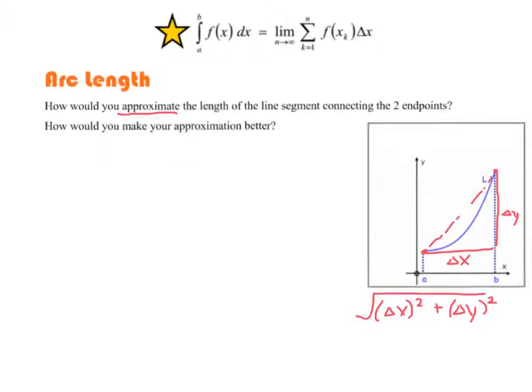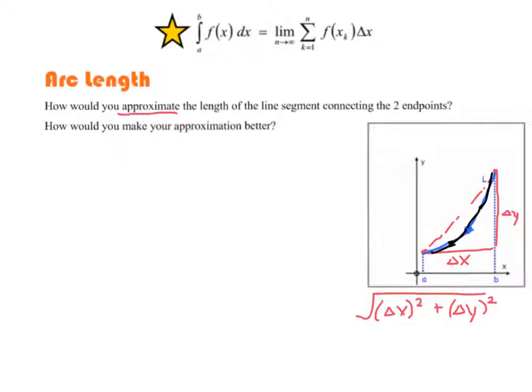If you said, well, how would you make the approximation better? Well, to make the approximation better, we would simply do Pythagorean theorem more. Maybe break it into two segments like that. Of course, the more segments we break it into, the better our approximation would be.